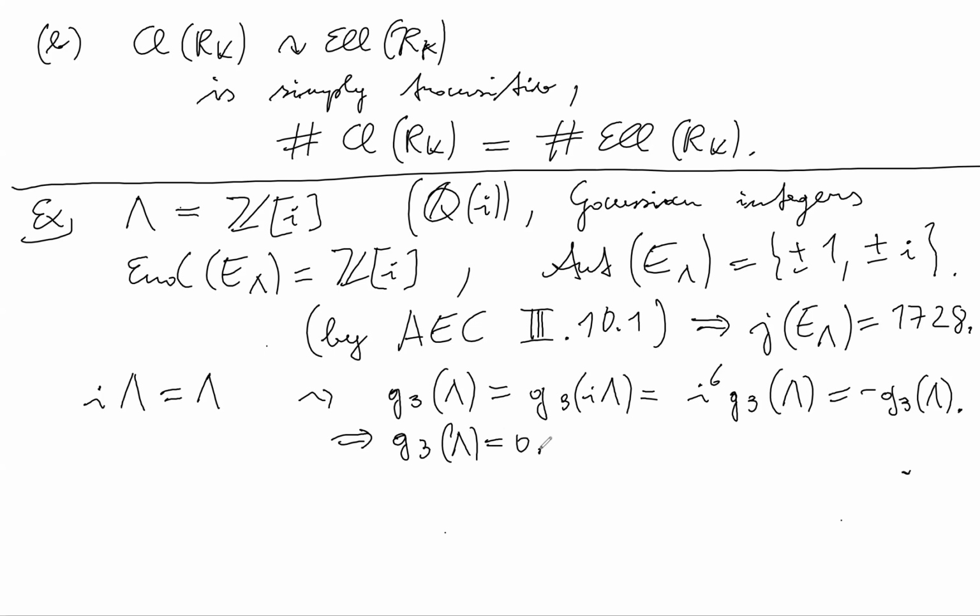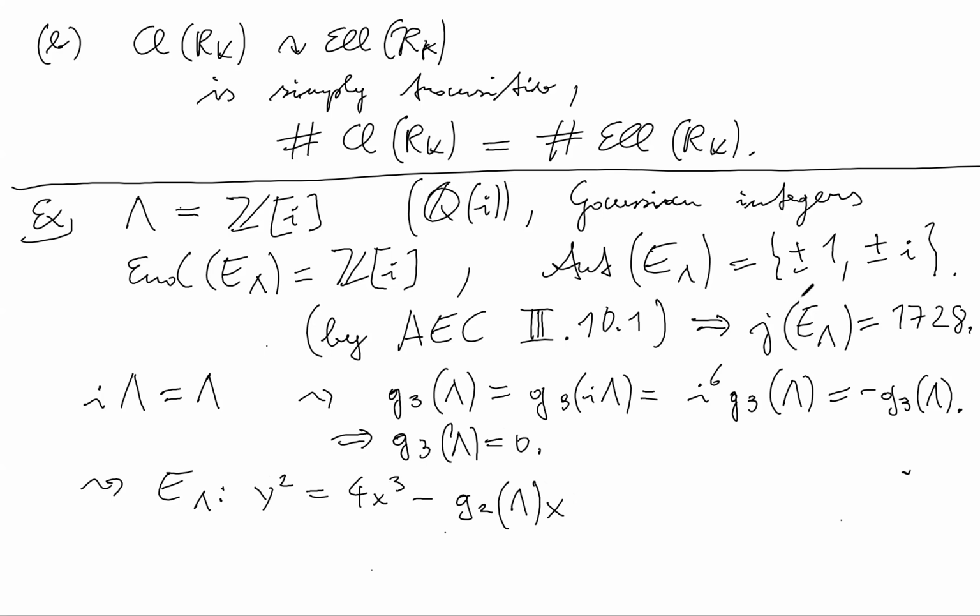Cool. So from this we find the model E lambda, which is just y squared equals 4x cubed minus g2 of lambda x.